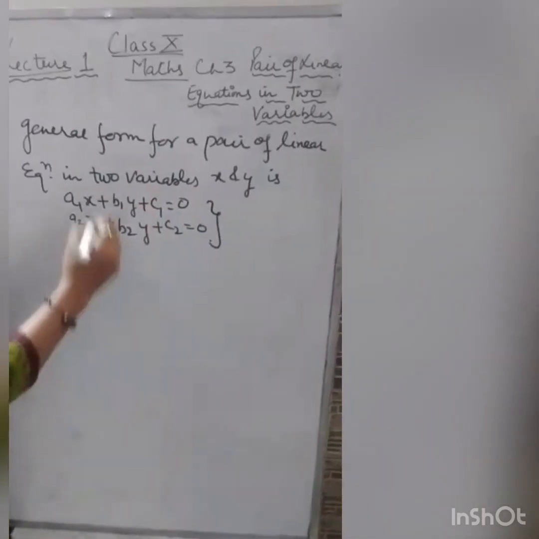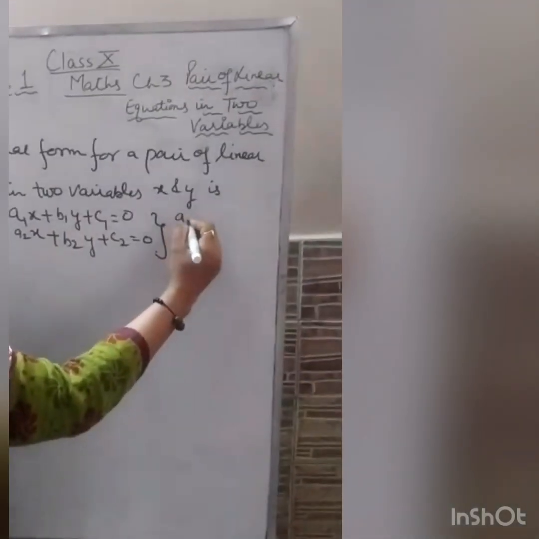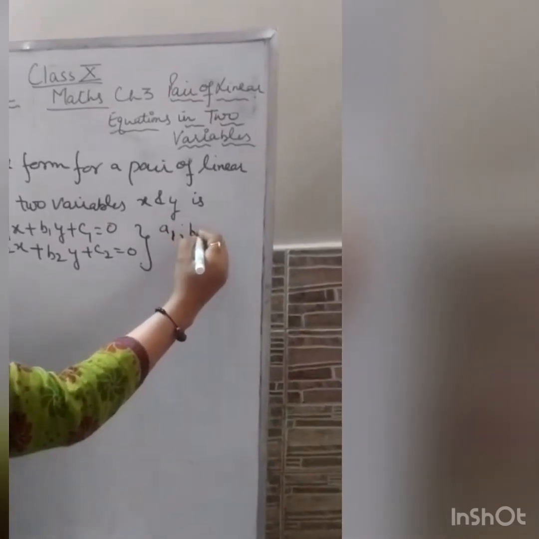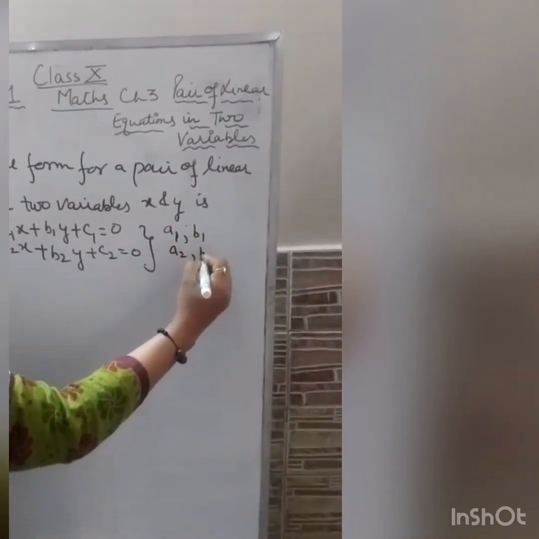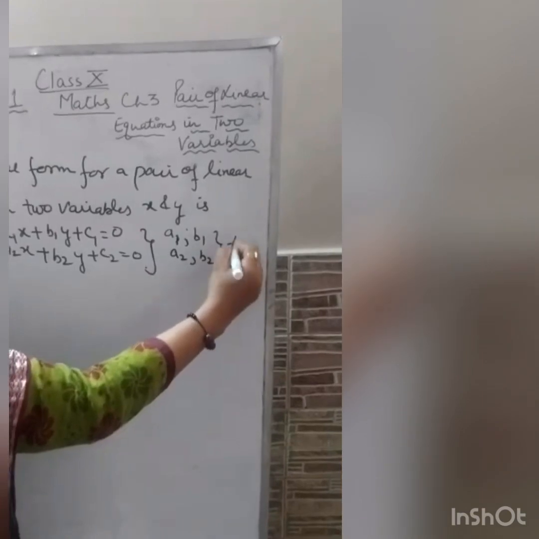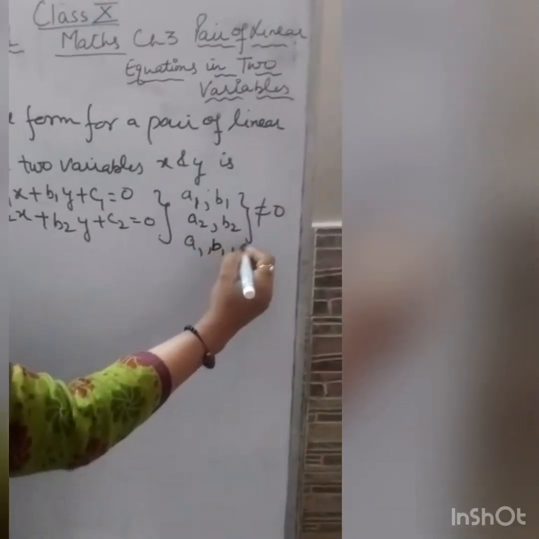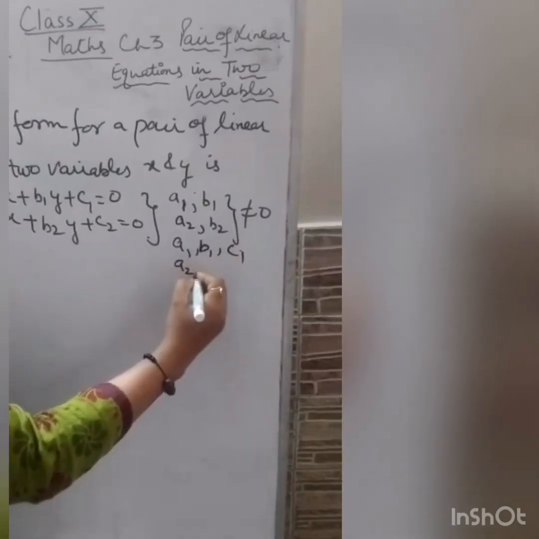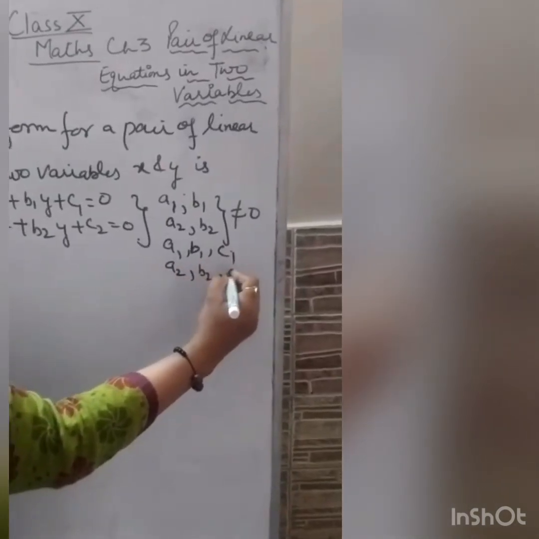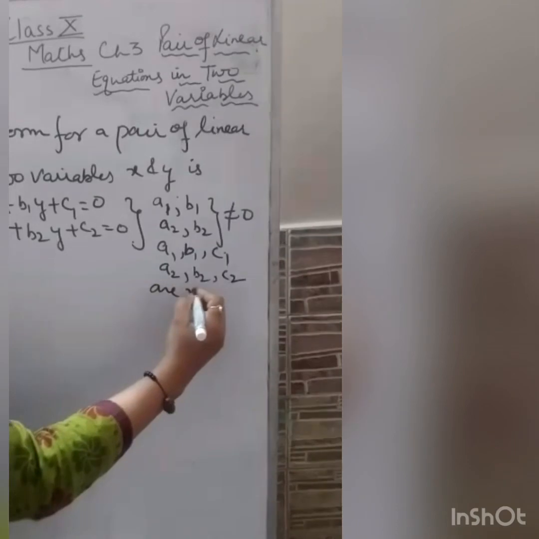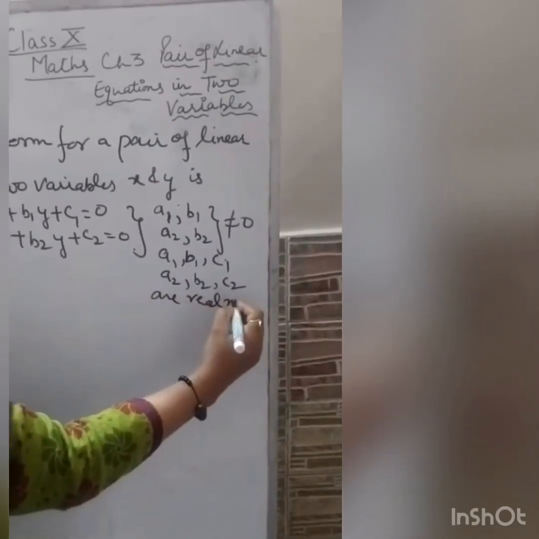These are the pair of linear equation, a1, b1, a2, b2 not equal to 0 and a1, b1, c1, a2, b2 and c2 are real numbers.